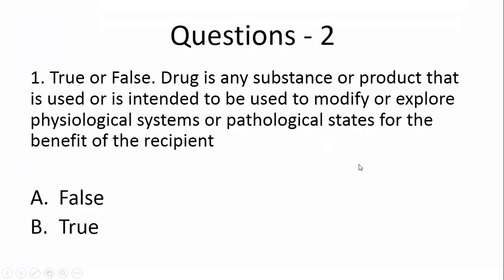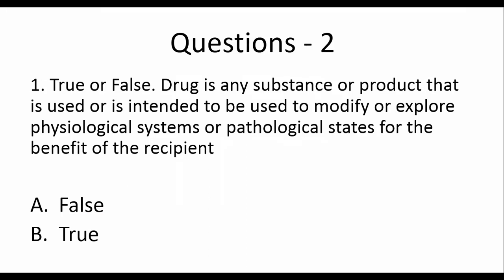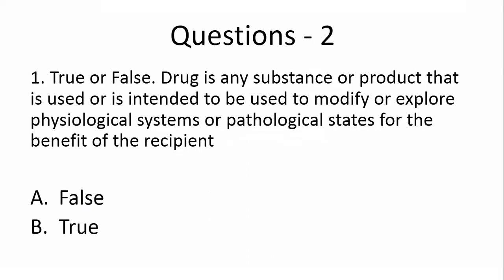True or false? Drug is any substance or product that is used or is intended to be used to modify or explore physiological systems or pathological states for the benefit of the recipient.